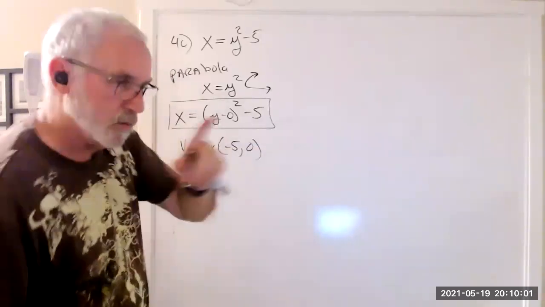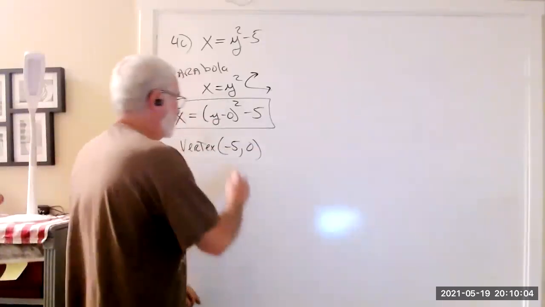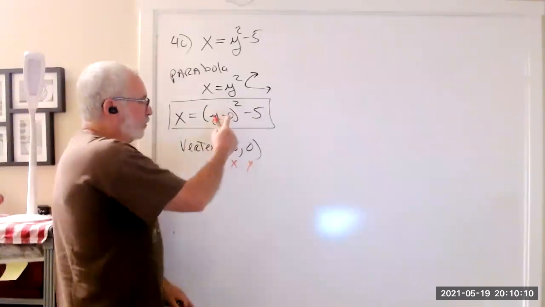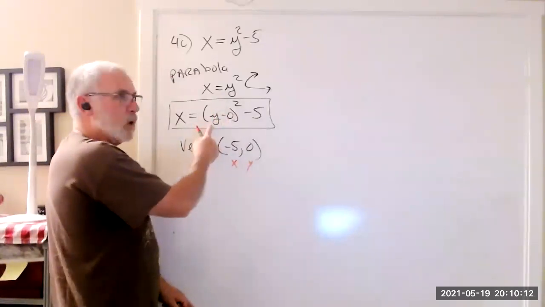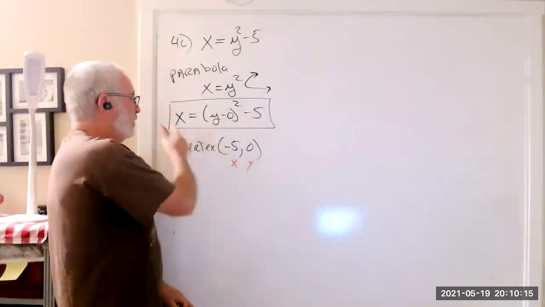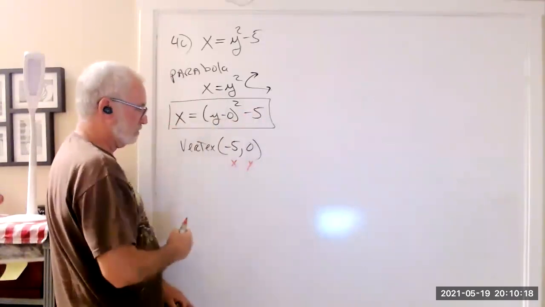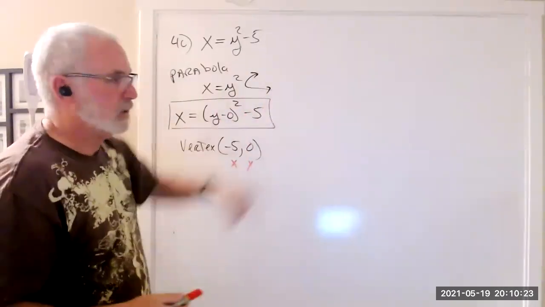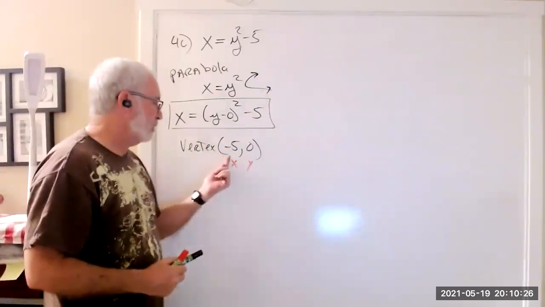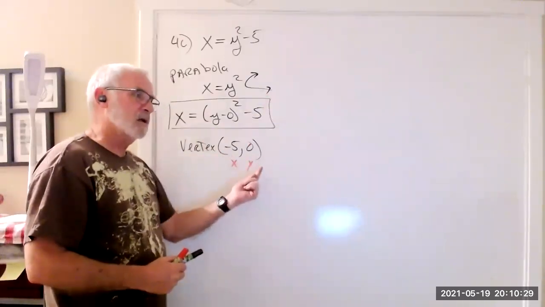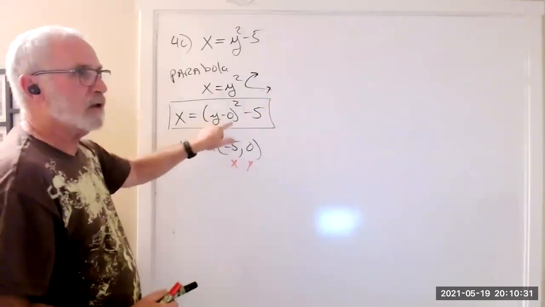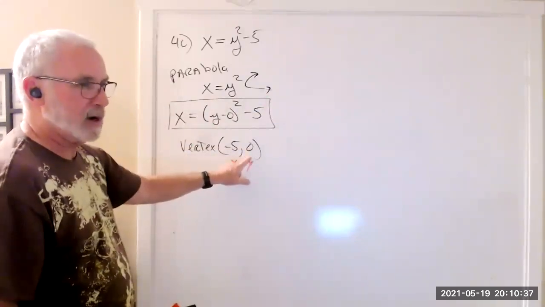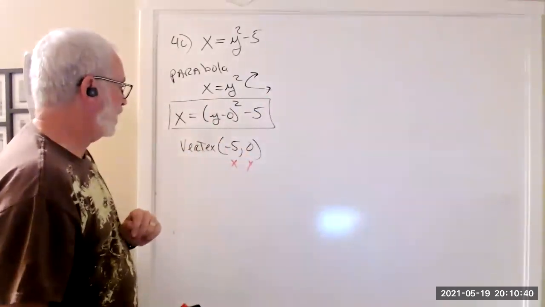Now, hang on. Remember, the vertex is always the x, y. So the 0 was with the y, and the -5 was left over to be with the x. When you're graphing on the xy axis, an ordered pair is always represented as x, y. So even though it looks like y is first in the formula, it has to be last in the ordered pair. So you need to be careful of those little details.